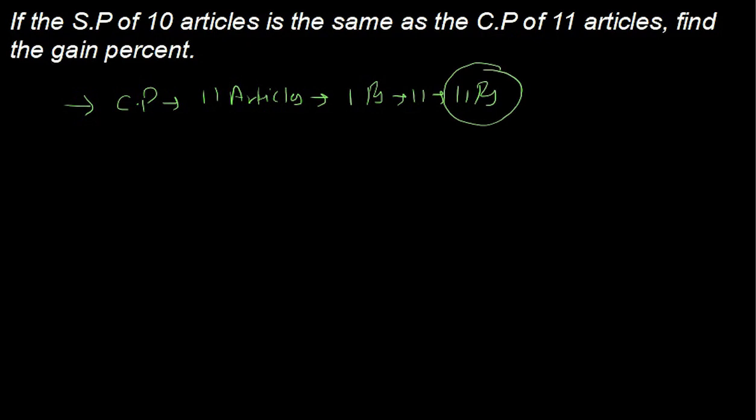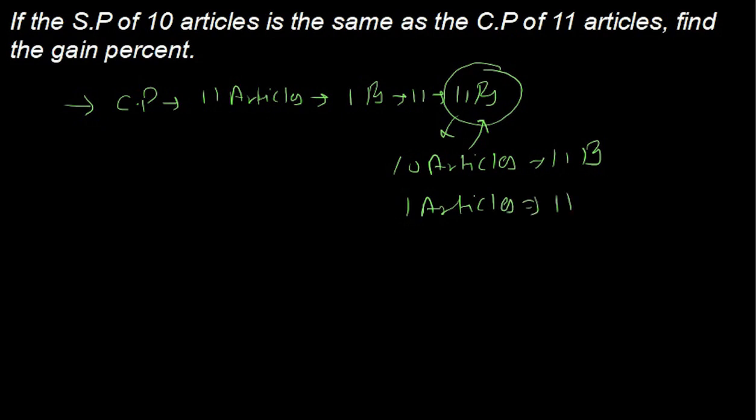If you sell these 10 articles for the same amount, 11 rupees, what should be the selling price of one article? It is 11 divided by 10, so 1 rupee 10 paisa is going to be the selling price of one article.